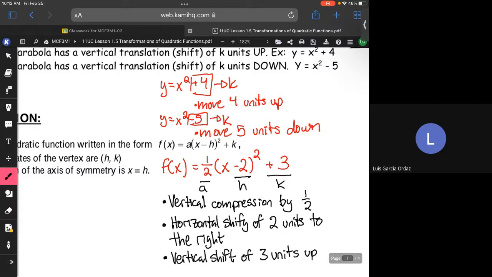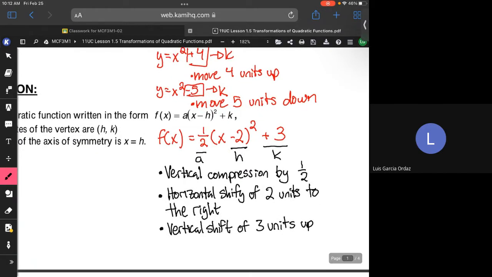And last but not least, if I were to ask you what my vertex is, what would you tell me? 2 and 3. Pretty simple. Yes, Jade? For her horizontal shift, because it was negative 2, it's the opposite. Yep.